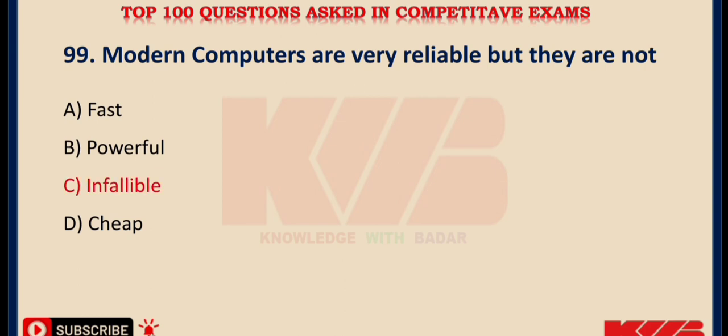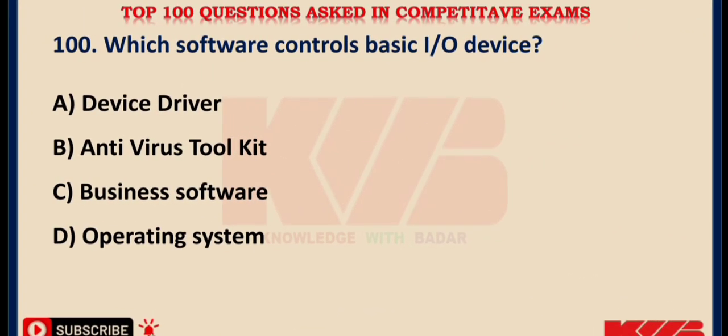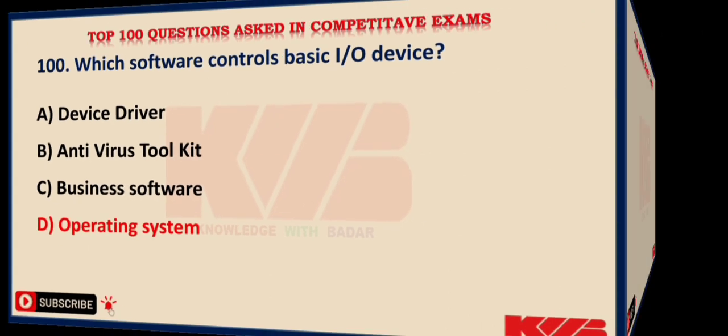Yes, they are not infallible in fact. Question number 100. Which software controls basic input-output device? Device driver, antivirus toolkit, business software, or operating system? Yes, an operating system controls basic input-output device.